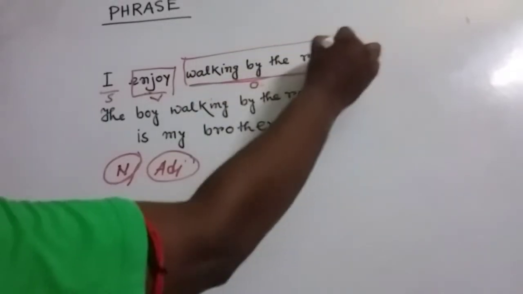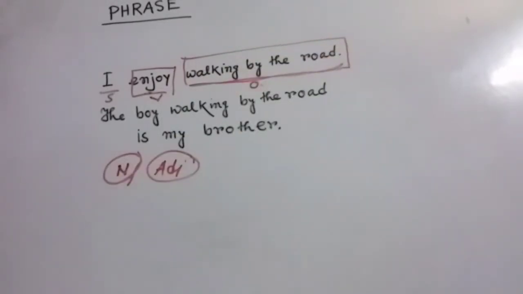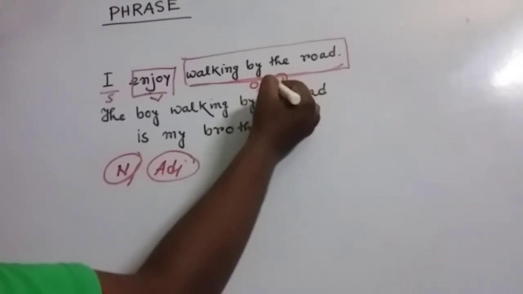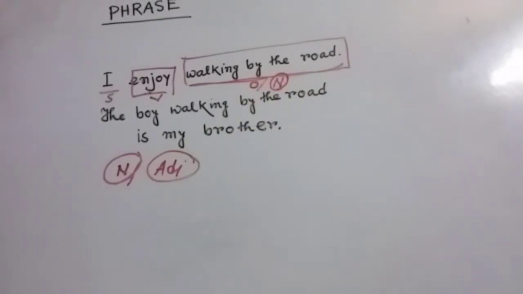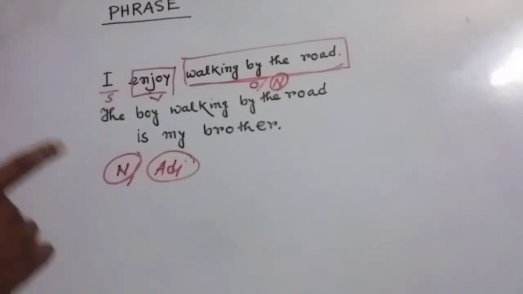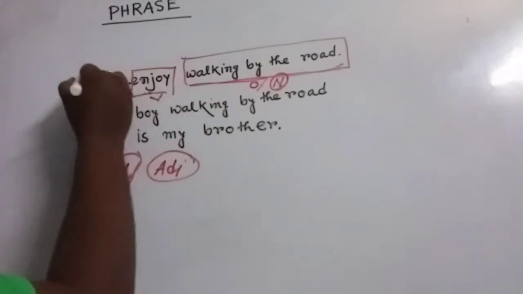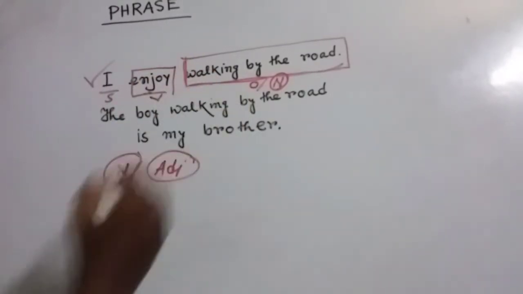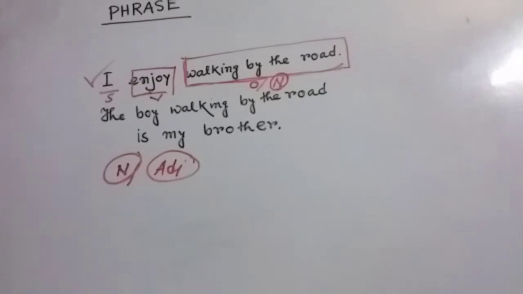And this is a group of words, so obviously it's a phrase. And what kind of phrase? This is the object, so obviously it will be a noun or pronoun. It's not a pronoun, so it's a noun. That means it's a noun phrase. So from this example, we got "walking by the road." This is a phrase and it's a noun phrase.